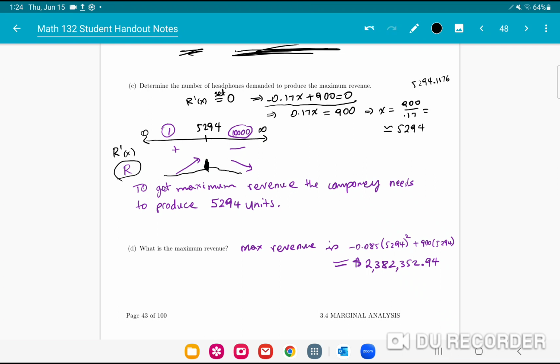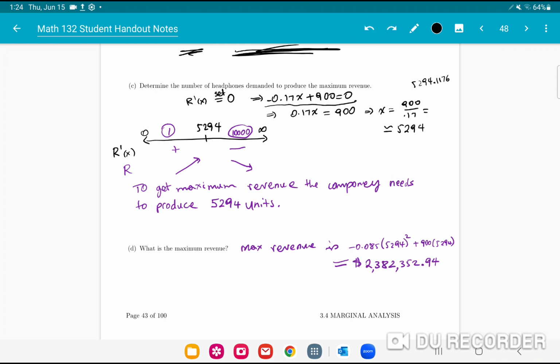So that means I need to produce this many units for maximum revenue. I said profit, but I meant revenue. To get maximum revenue, the company needs to produce this many units.